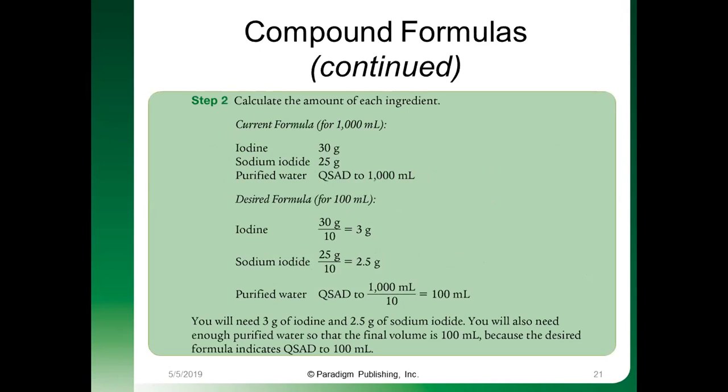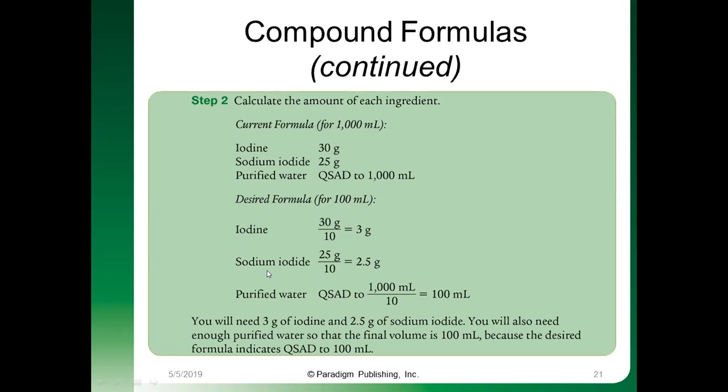So step 2 would be to write in that compounding book the current formula for 1,000 ml. It has iodine 30 grams, sodium iodine 25 grams, and purified water quantity sufficient to 1,000 ml. So now you're going to write down what you actually need. The desired formula is for 100. So what did you do? Iodine 30 grams divided by 10, because we have a ratio of 1/10, is equal to 3 grams. So you're going to measure 3 grams of iodine.